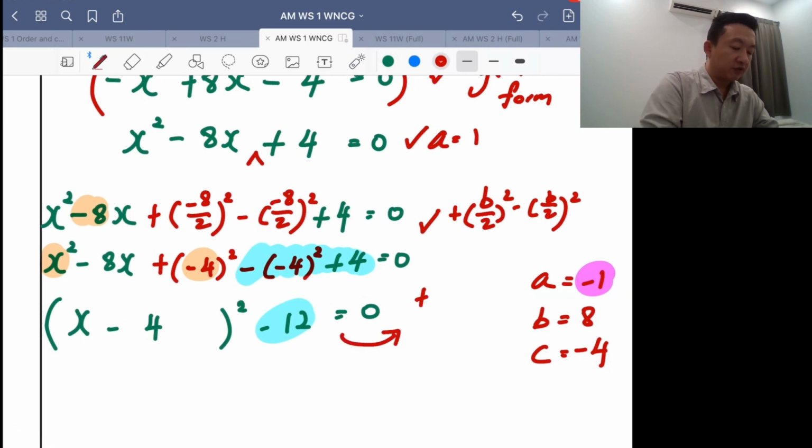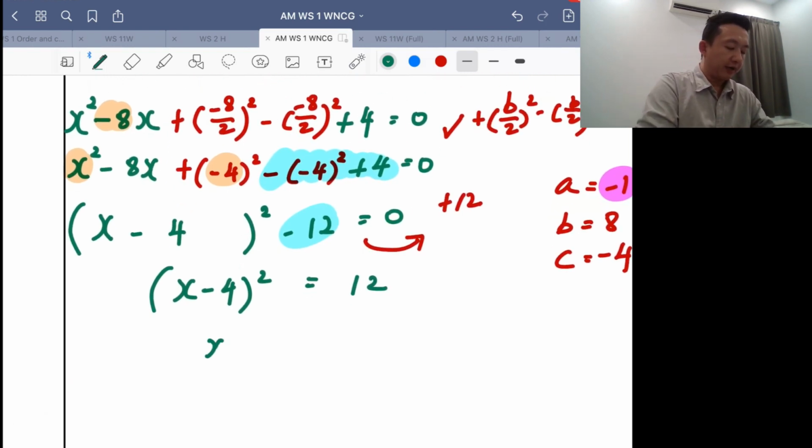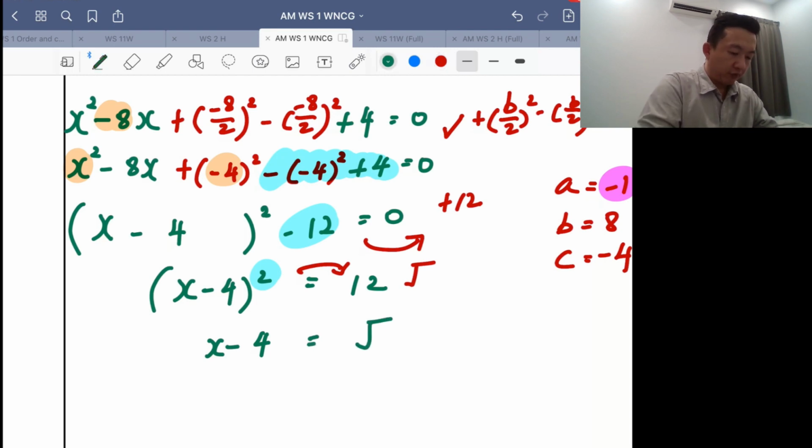So I will have plus 12 here. So we have x minus 4 bracket squared equals 12, 0 plus 12, and then followed by a square root. When you move the square to the other side, you have a square root. So we have square root 12.